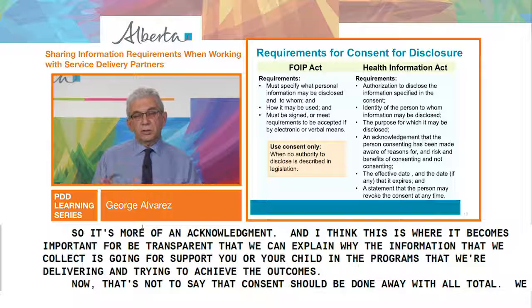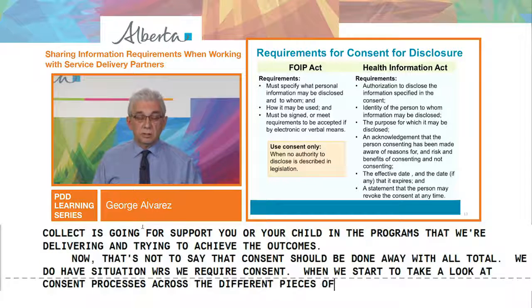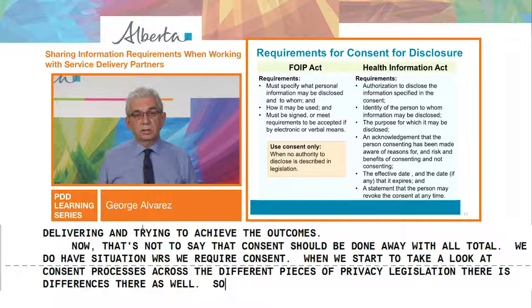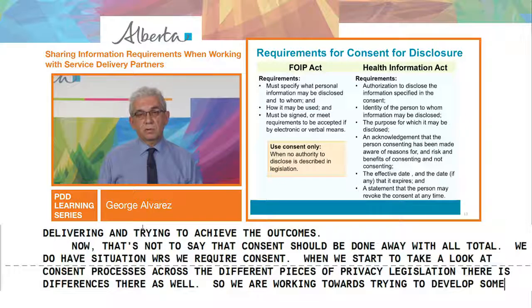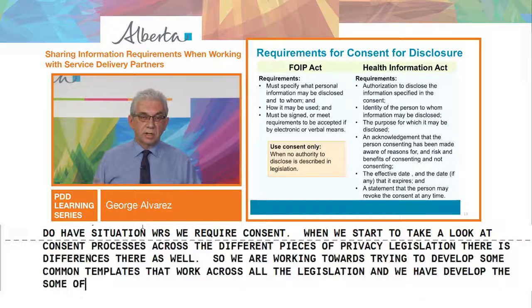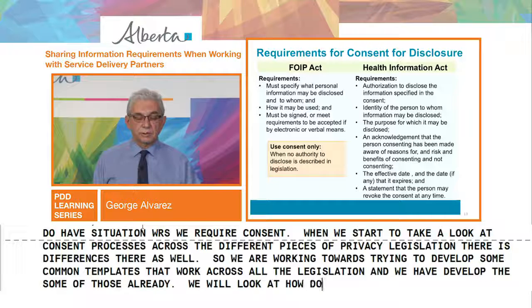And when we start to take a look at consent processes across the different pieces of privacy legislation, there's differences there as well. So we are working towards trying to develop some common templates that work across all the legislation. And we have developed some of those already. We're going to be looking at how do we push that out where it's necessary.